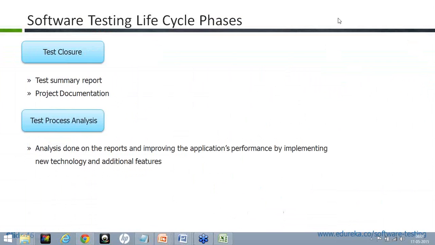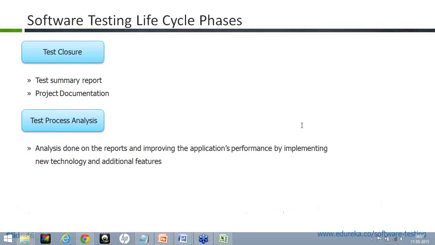Test process analysis. Analysis done on the reports and improving the application's performance by implementing new technology and additional features. See, now that we are done with the test closure report, we can also make an analysis.